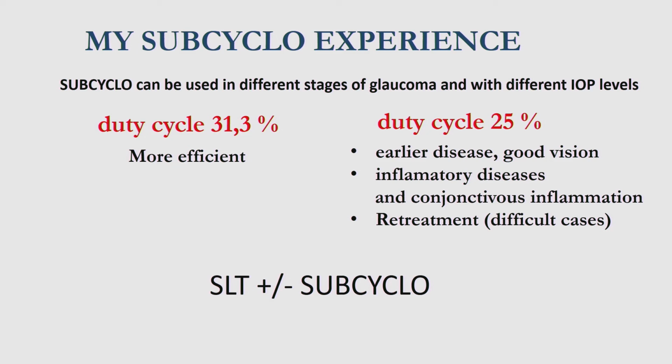SubCyclo with a duty cycle of about 31.3 can be more efficient, but I use a duty cycle of 25% in cases where I want to avoid complications: in early disease, in inflammatory disease, and in some retreatments. SubCyclo is a good option in the treatment of glaucoma, but it can replace SLT or be combined with it to improve the reduction of IOP.